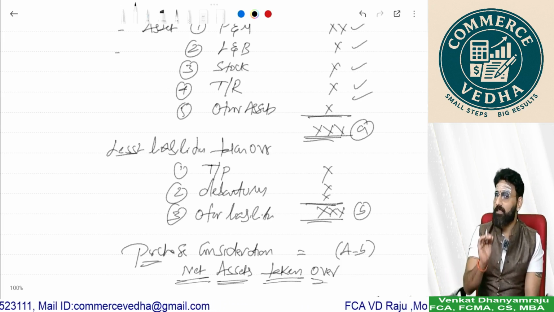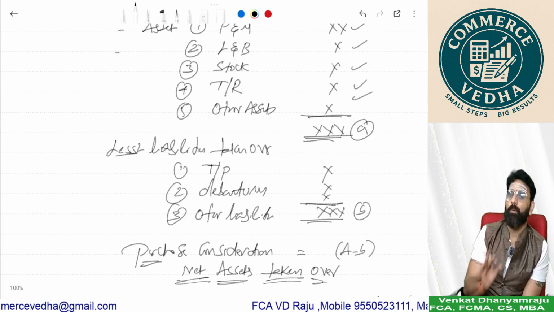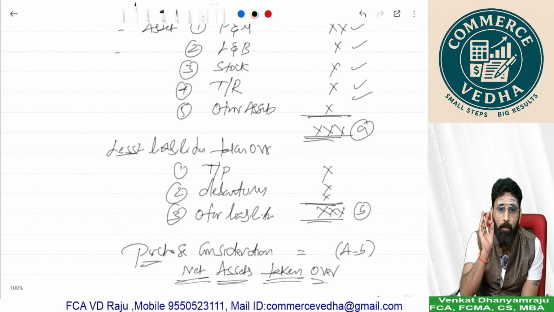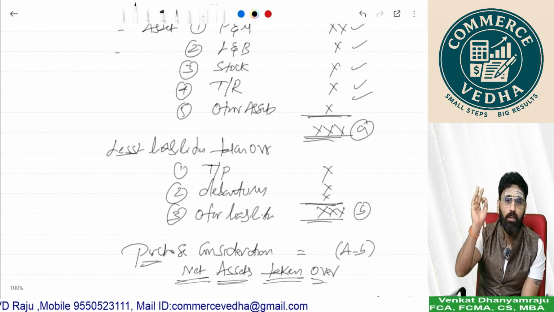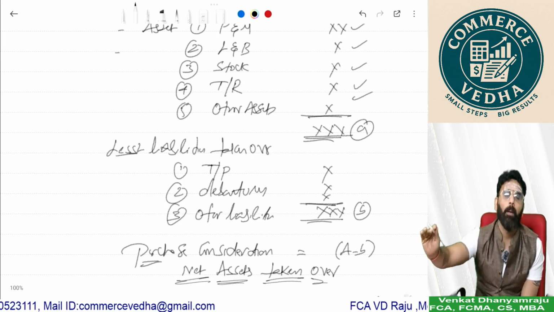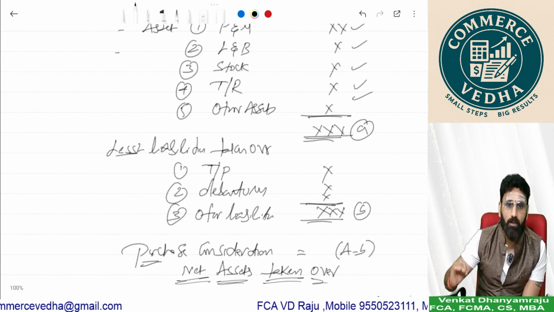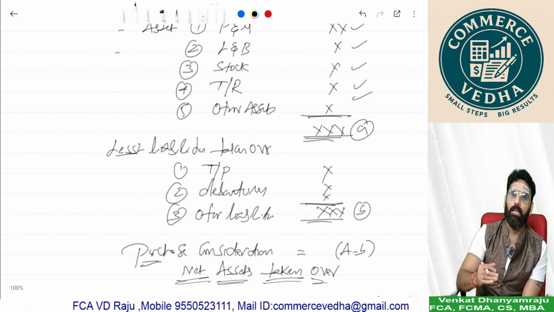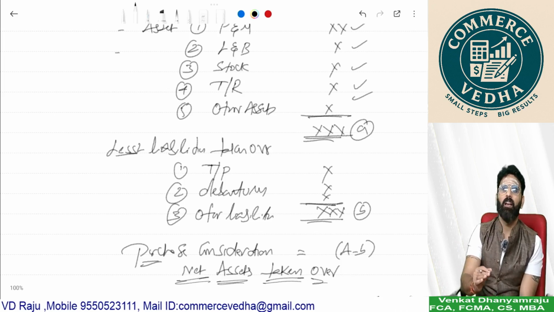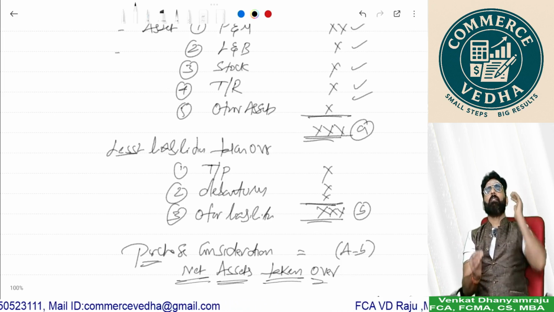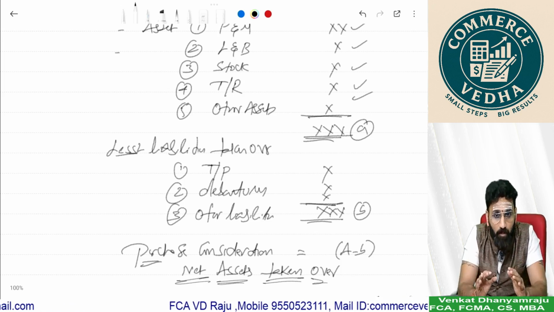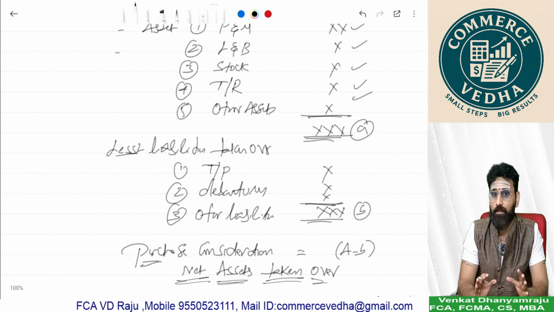So purchase consideration needs to be understood as only the payment made to shareholders of the transferor by the transferee. Here shareholders means both equity as well as preference. Generally we call members equity, yes, but shareholders means both.